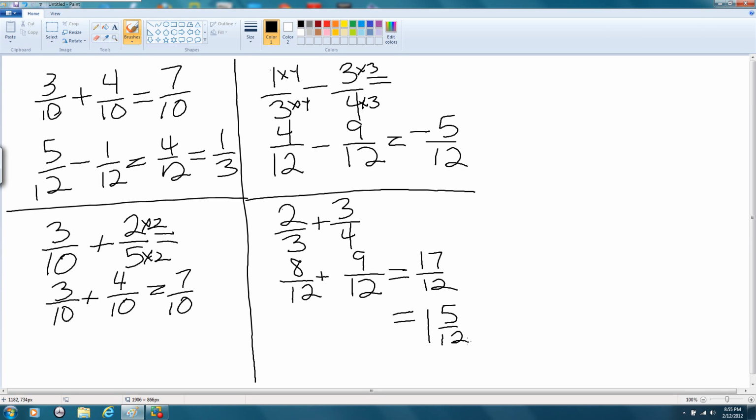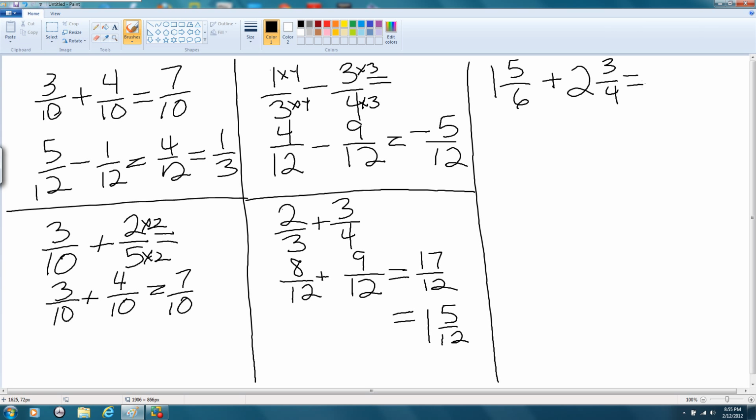I'm going to next, let's do some mixed numbers here where we have mixed numbers in our addition or subtraction. Let's say I have 1 and 5/6 plus 2 and 3/4.